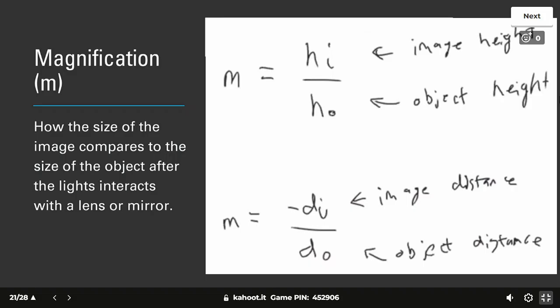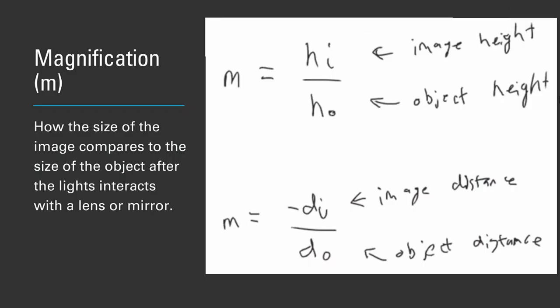Okay, one of the ways that lenses and mirrors are useful is that they can magnify objects. So they can make the image of the object be bigger than the actual object itself.